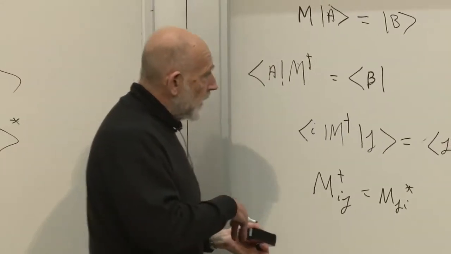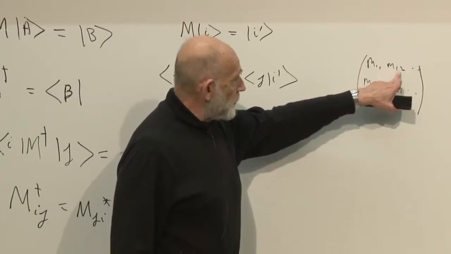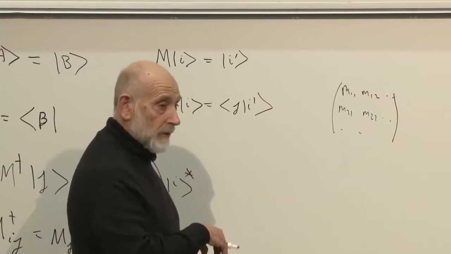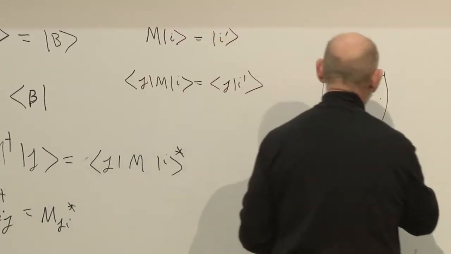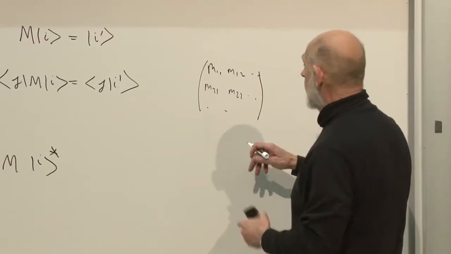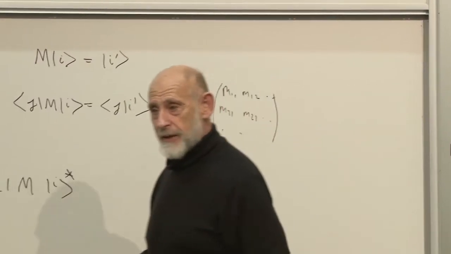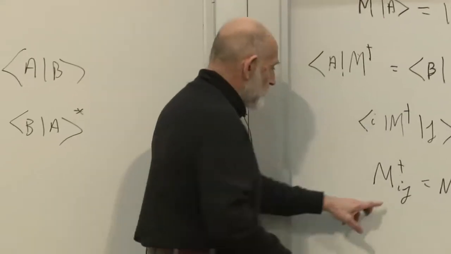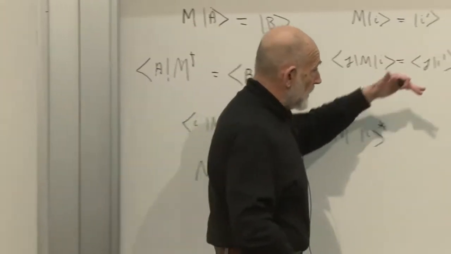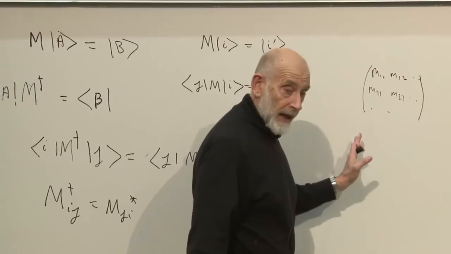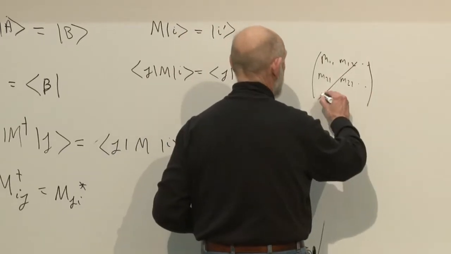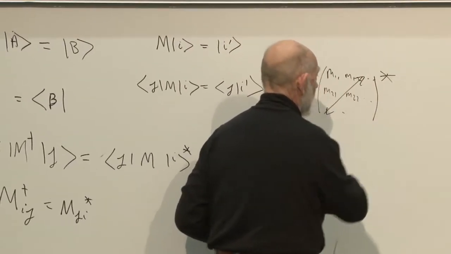Interchanging I and j is like interchanging M12 with M21. You just flip it about the diagonal and you complex conjugate it. So if I want the matrix elements of the Hermitian conjugate, you just do what I said. You interchange rows and columns and you complex conjugate. Interchanging rows and columns is the same thing as reflecting about the diagonal.